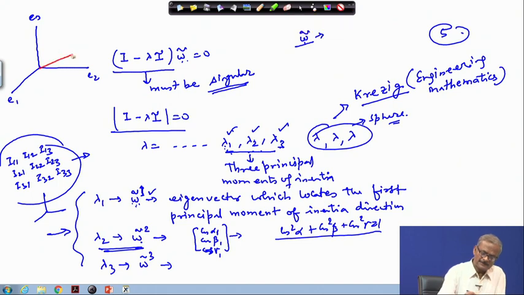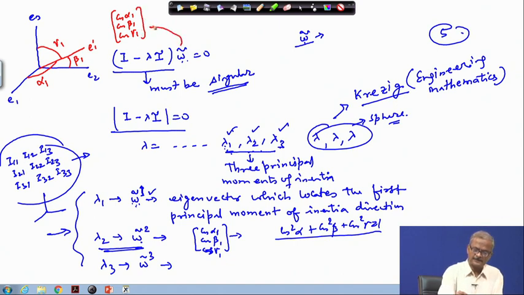Now I have the principal direction, let us say this is the first principal direction, and I will indicate this as E 1 prime. The angle from here will be alpha 1, this angle will be beta 1 and this angle will be gamma 1, and then cos alpha 1, cos beta 1 and cos gamma 1 is your corresponding normalized eigenvector.